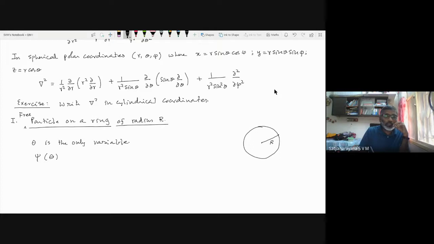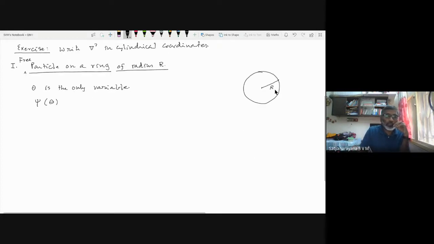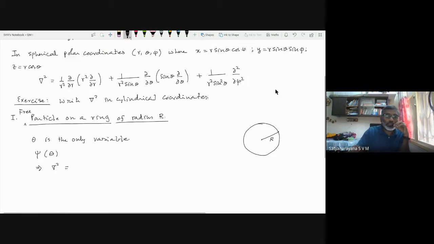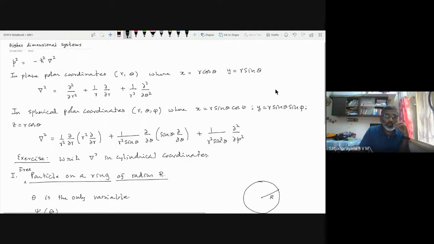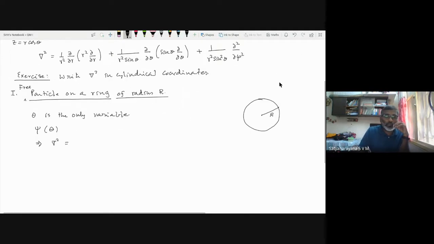So your del square has to be written as, you go back to this, since it doesn't depend on r, this term will not contribute anything, this term will not contribute anything, and small r is equal to capital R. So that is equal to 1 by R square into del square by del theta square. So this is your del square.